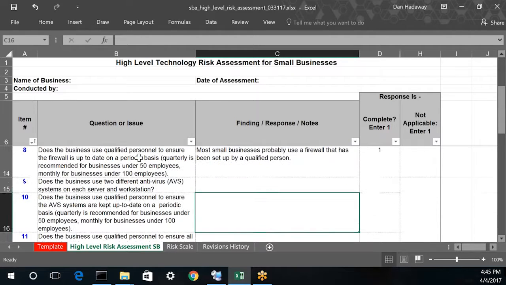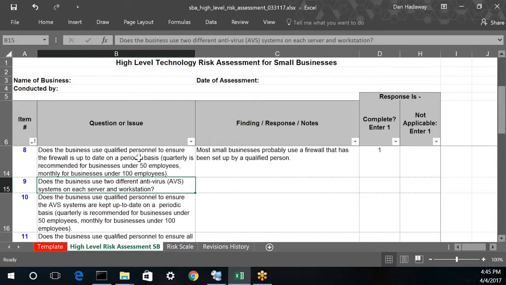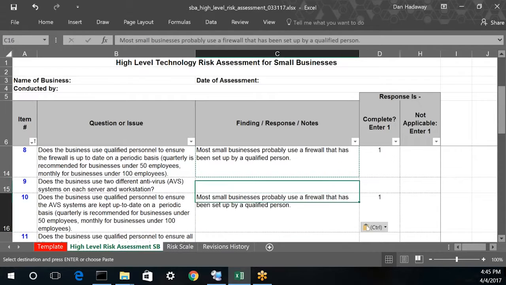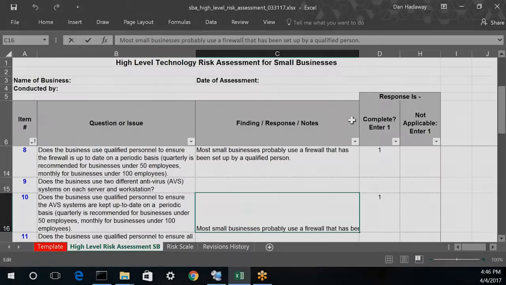Are you using 2 different antivirus systems or just one? Most small businesses aren't using 2. We're a big believer that if you're only using 1, then you're not getting it all done. But if you are using 1, we're going to say that, yeah, you are using 1, and you had your network support provider.